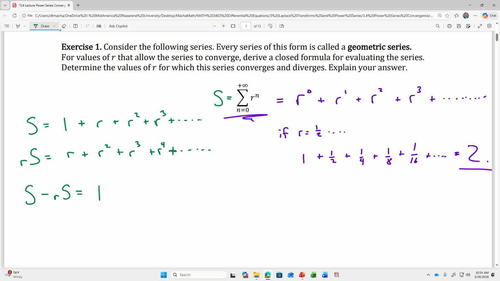Specifically, if you wanted to be a little bit more rigorous about this, we could say, consider what happens if you take the nth partial sum of both, right? And then you'd have the 1, and everything would cancel except for the minus r to the power capital N plus 1 or something like that.